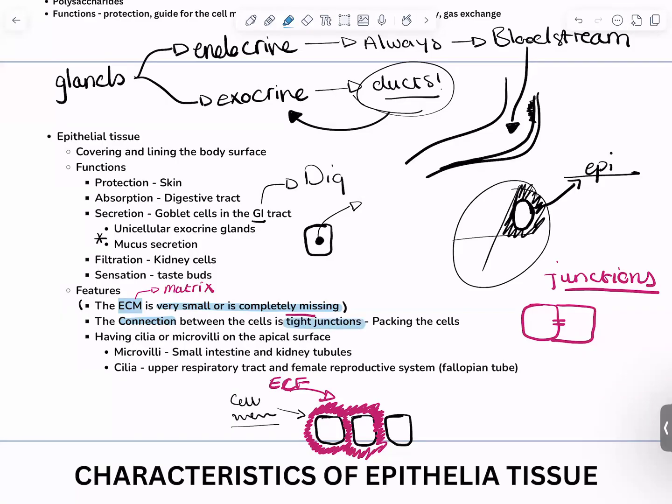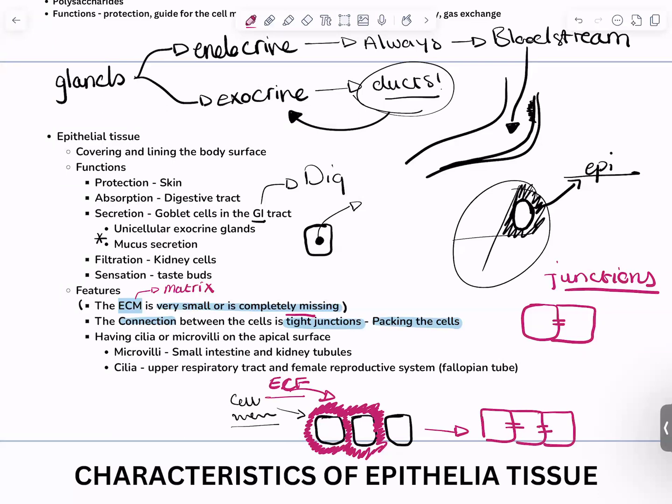A tight junction helps to pack the cells. Imagine again we have three cells. I'm going to pack them together, something like this, and connect them. So when you pack the cells, there is no extracellular matrix between them.